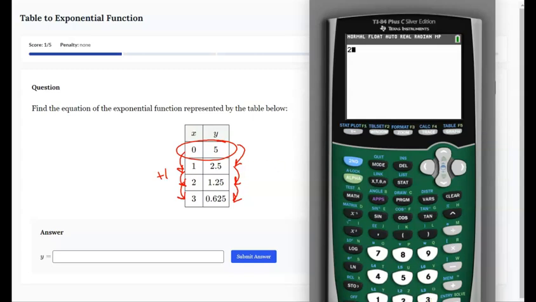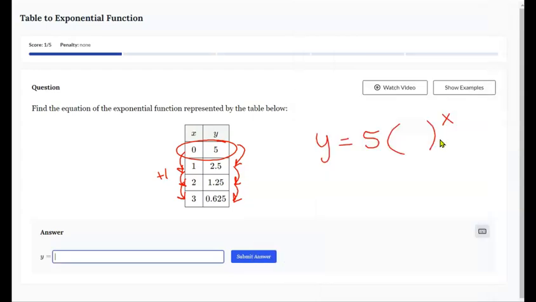So I can do 2.5 divided by 5. I can take 1.25 divided by 2.5. And I notice that it's 0.5 each time, also known as a half. So each time I'm timesing by 1/2. You could type it as a fraction, you could type it as a decimal. Either one would be correct.